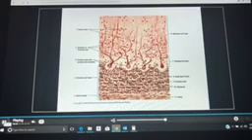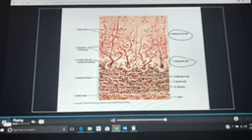Here, showing you some of the cellular composition of the cortex. Here's the molecular layer. You have some Purkinje cell layers here, again multipolar neurons. And also you have some basket cells here.